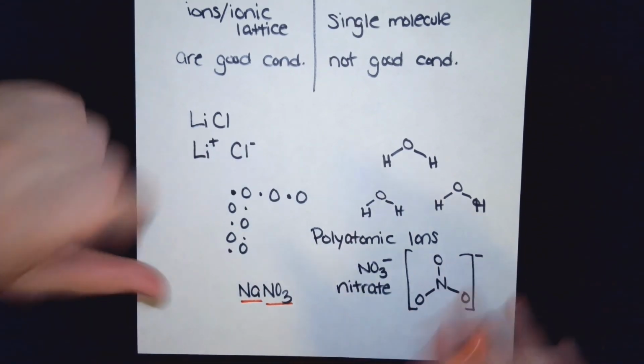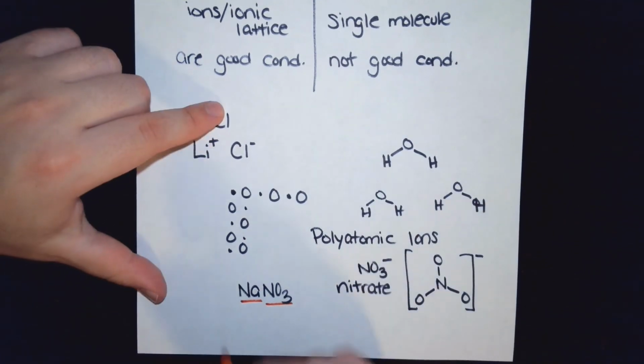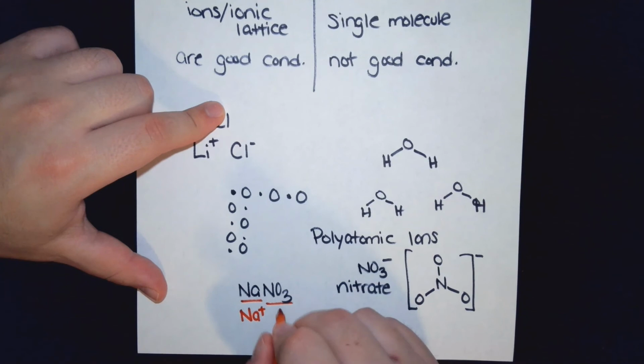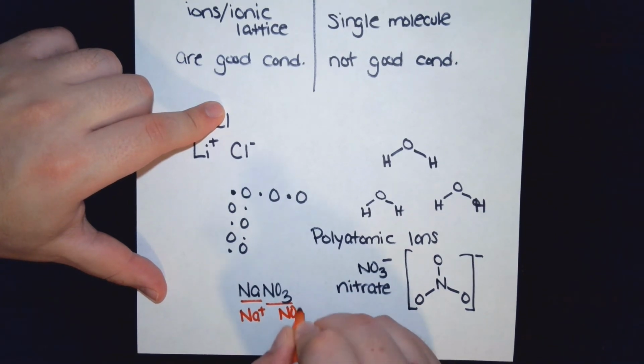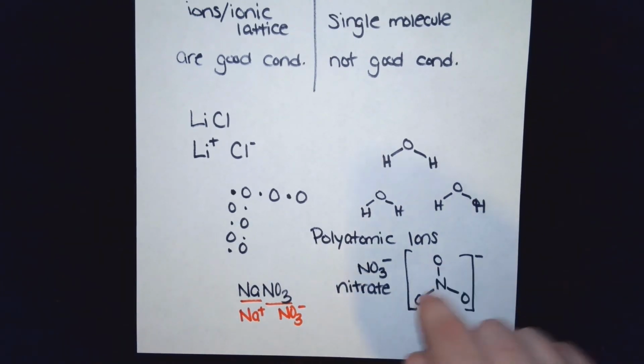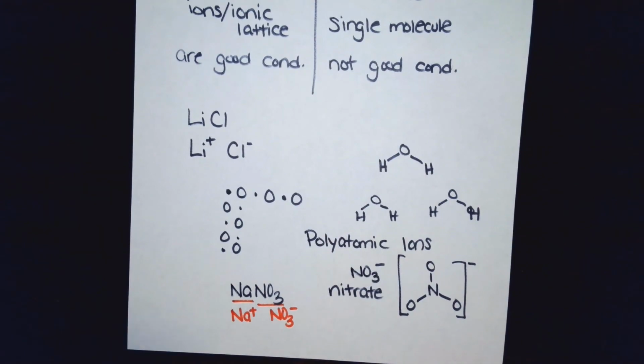Ionic compounds can, as I've mentioned before, break up into their ions. The ion we get from sodium is Na+, and from the nonmetals, they stay together as their polyatomic ion, NO3-. These covalent bonds within the polyatomic do not break apart, no matter what.